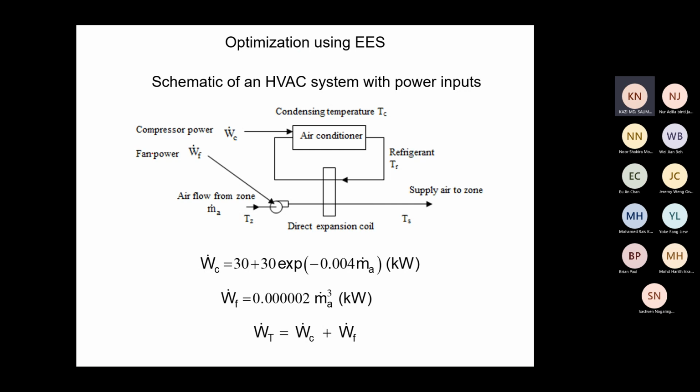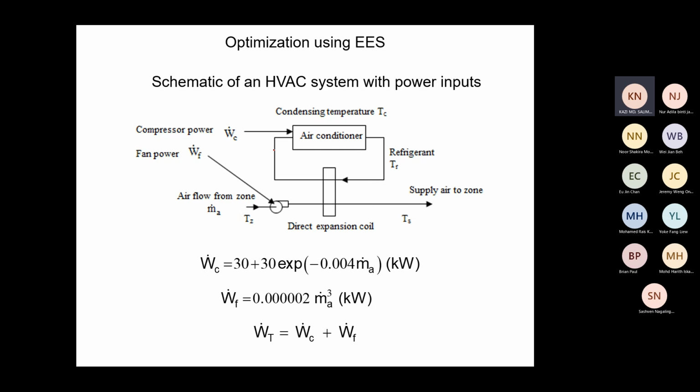In this case, we can see that the compressor power is WC flowing through the air conditioning unit, and the refrigerant wants to maintain a certain temperature, TF, and this one is going to maintain the supply air to the zone, TS. Then this is the mass flow rate moving through the forced draft fan.